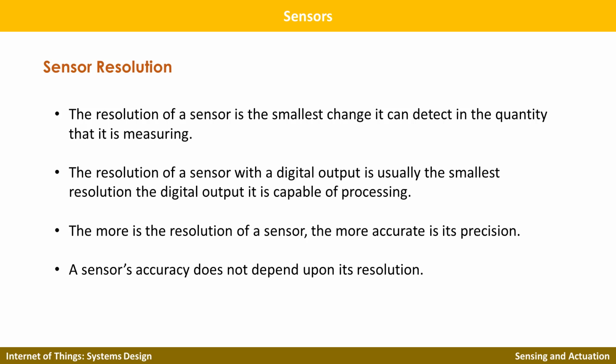Depending on the quality of the sensor, the resolution is the smallest change that it can measure. The higher the resolution of a sensor, the more precise it is. However, the sensor's accuracy does not depend on the resolution.